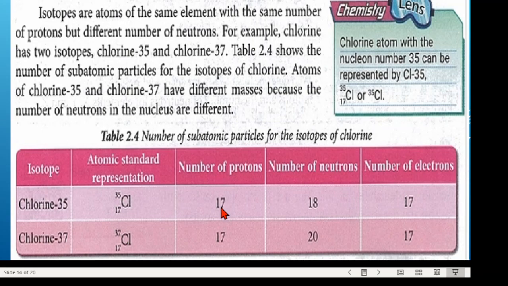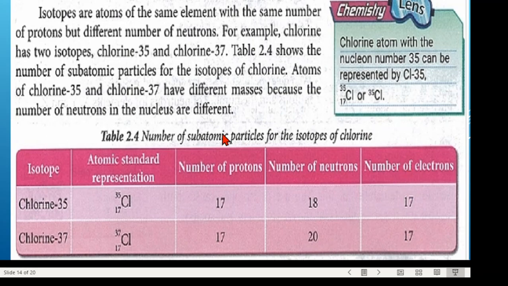Okay, so number of proton here 17, here also 17. The number of neutron here is 18. 18, 35 minus 17, you get 18. And here 20. 37 minus 17, this is 20. So number of electron here 17, 17.